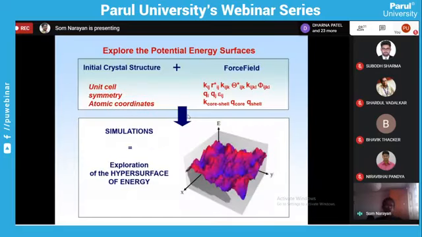So to explore the potential energy, we initially confine the system using periodic boundary conditions. We can have the initial crystal structures and their force field, and we can have their hypersurface of energy. In the case of the quantum mechanical approach, we can have the local minima, but in this case we can't achieve the global minima in the molecular approach.